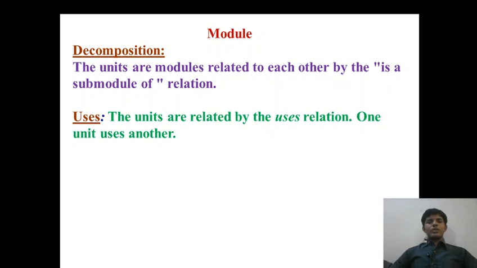So uses architecture will be preferred to interact one module with the other modules specified in the project. This is also a very important architecture, preferably followed by the most number of companies for building their software projects. Uses is nothing but a relation.